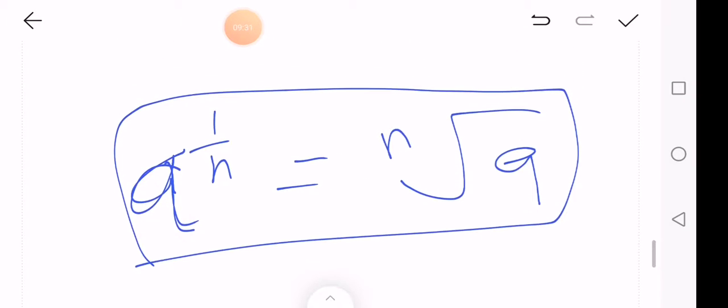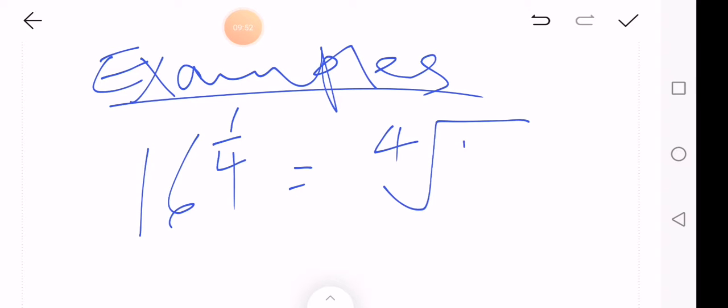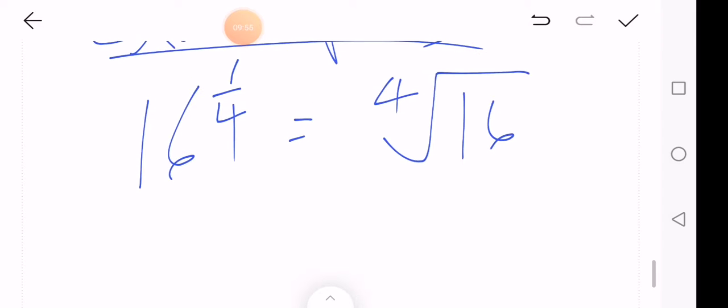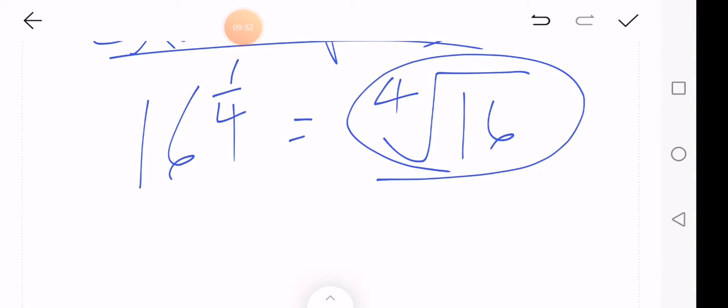Let me just use numbers now to do more examples. If we have 16 to the power 1 over 4, what does this mean? This is the fourth root of 16.